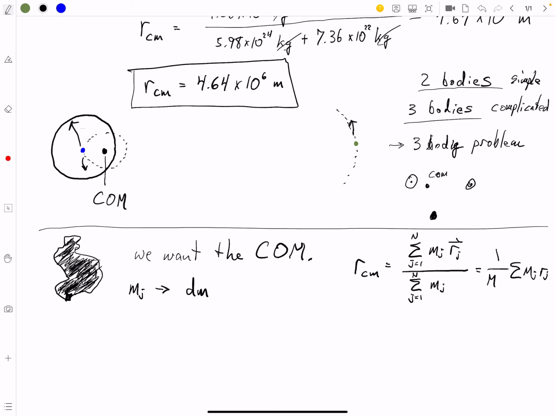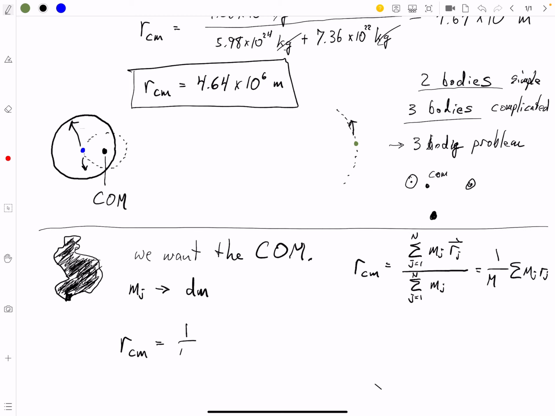So our sum isn't going to be over these m_j's, it'll be over the dm, which is an infinitesimal mass, right? You guys get it. I'm not going to write out infinitesimal mass. It's very small.